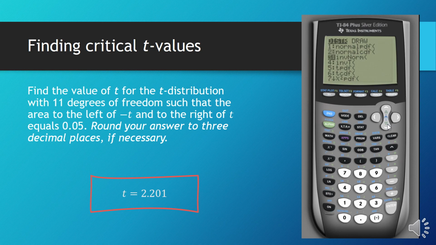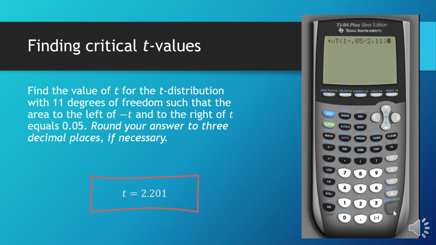We're going to start off just like we did before. We're going to press second distribution. That's going to take us to the distribution list. Now we're going to scroll down to option number 4, which is inverse t. Now let's talk about what we're going to put in for the area to the left of our t value. Again, by default, your calculator is looking for the area to the left of that t value.